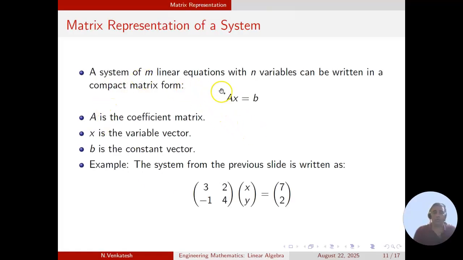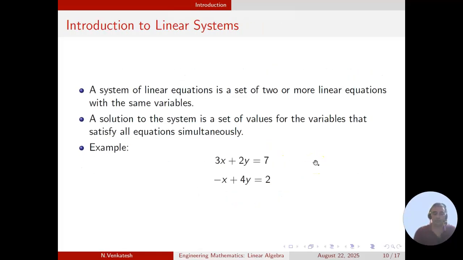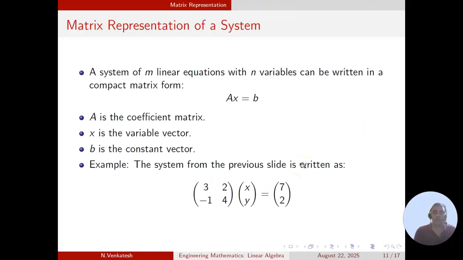Now to solve this system of equations, we can write it in matrix form. All the coefficients like 3, 2, minus 1, 4 can be considered as one matrix, which we call the coefficient matrix.